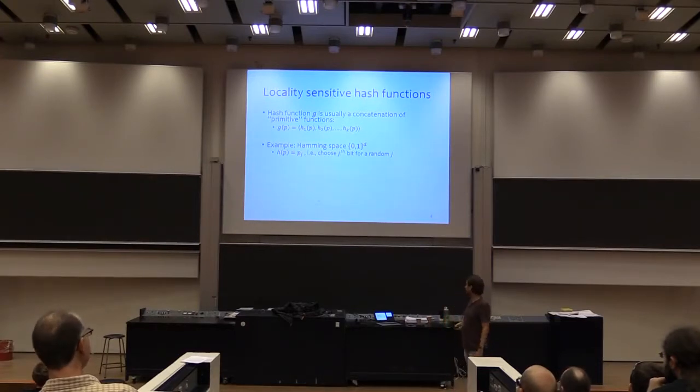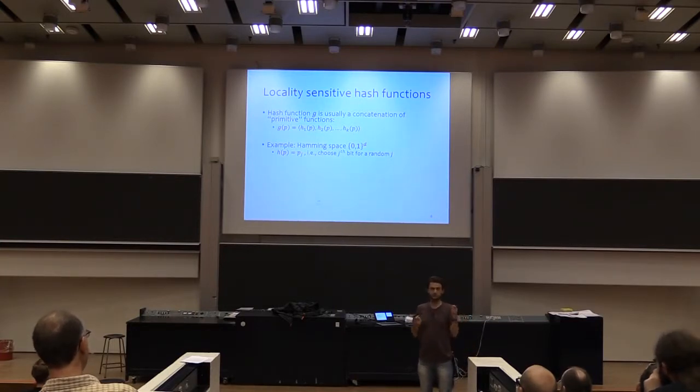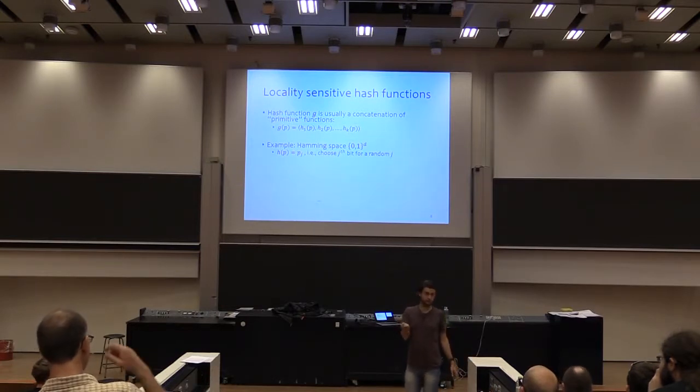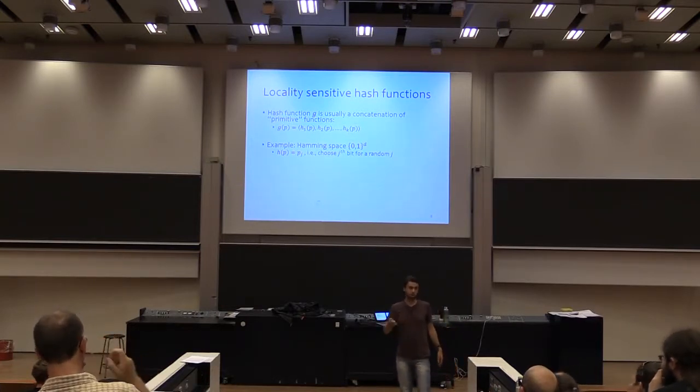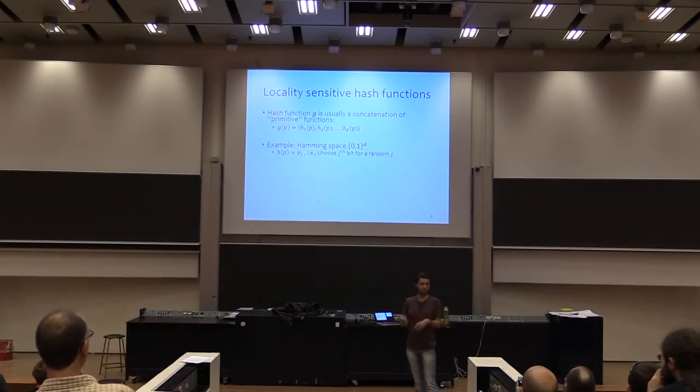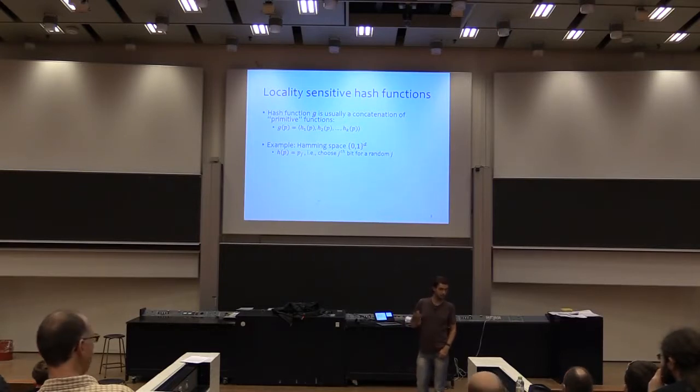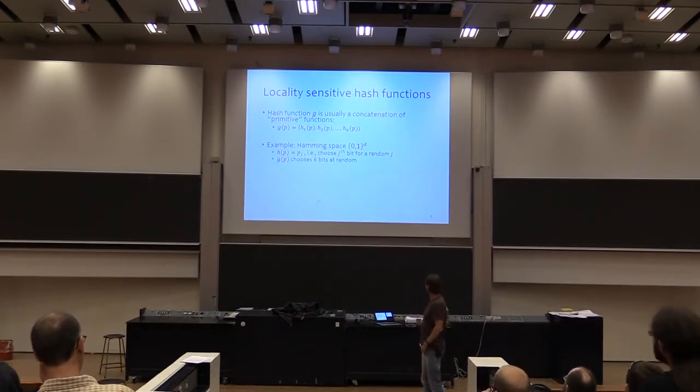It should be intuitively obvious that the probability of collision of two points P and Q depends on the Hamming distance between P and Q. If the points are mostly different in all the coordinates, then choosing a random coordinate will probably give a certificate that they are different, so they will not collide. As opposed to that, if the points are very similar to each other, then many coordinates are similar, so choosing a random one will give us a bigger probability of collision.